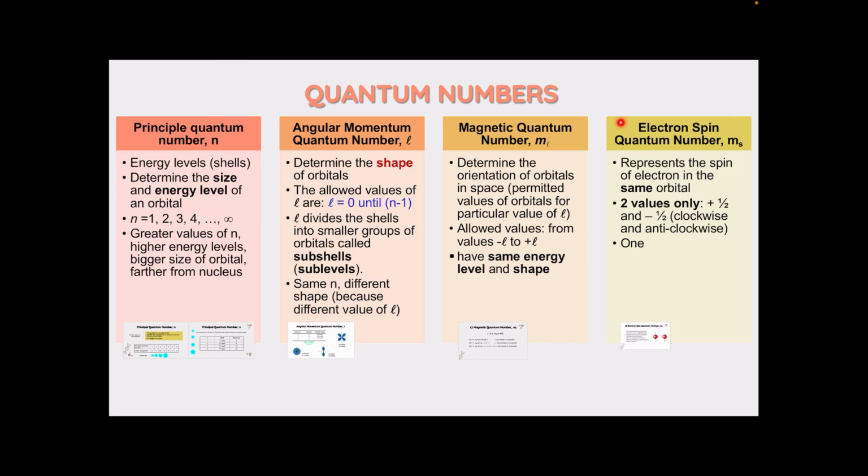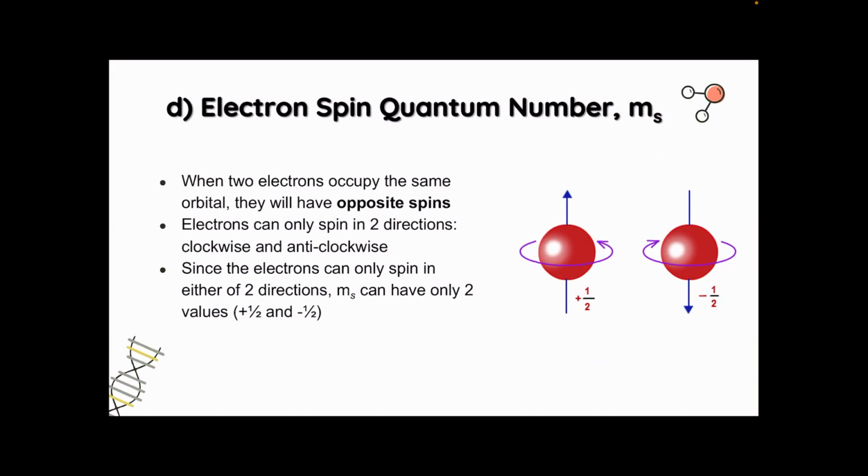Lastly will be electron spin quantum number ms. The spin quantum number represents the spin of electron in the same orbital. And there are 2 allowed values only. They are +1/2 and -1/2 for clockwise and anti-clockwise. So we can see in this example, in one orbital, we can have 2 values of spin quantum number.